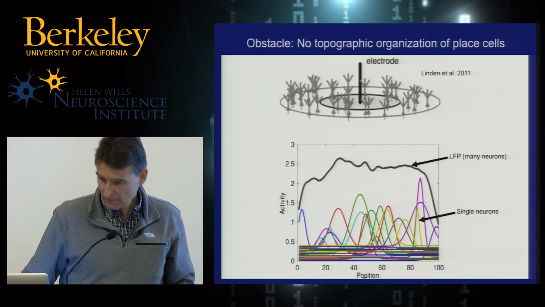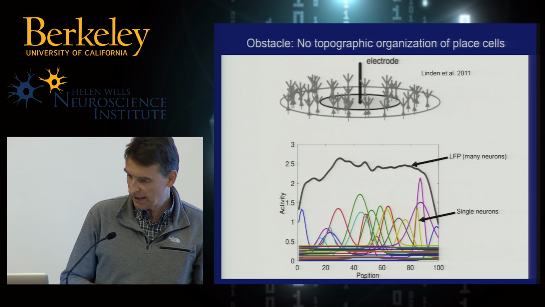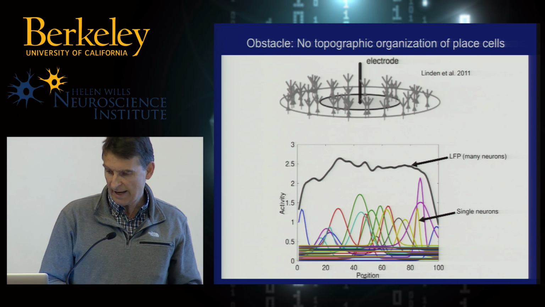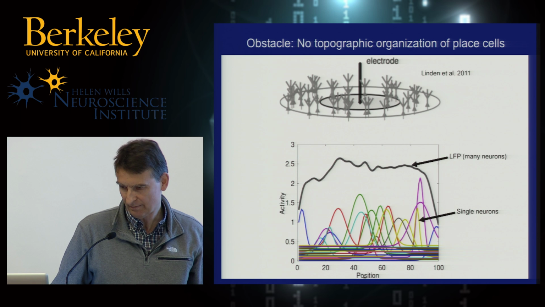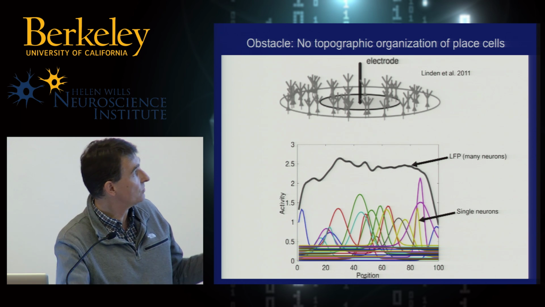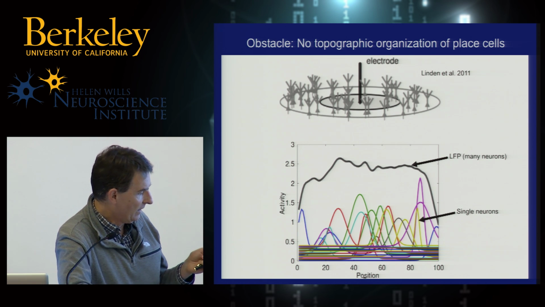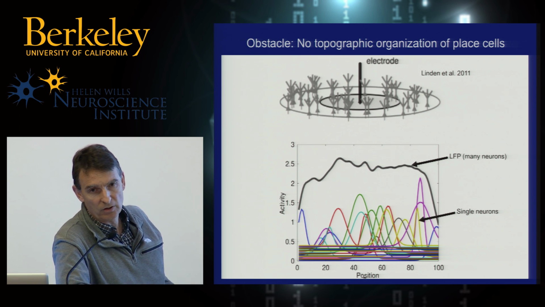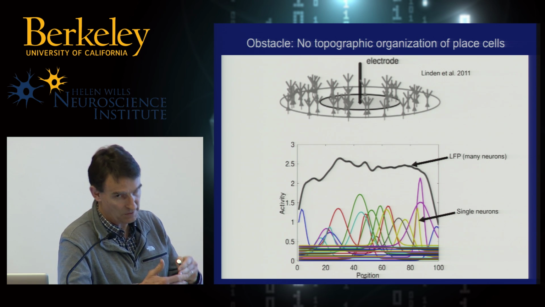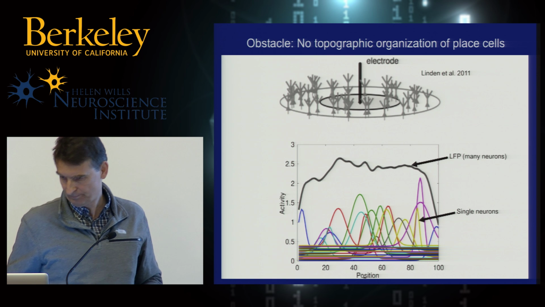We were, though, relatively optimistic based on some theory work that we did on compressed sensing, which can be applied to the situation where you record with a relatively small number of electrodes in the tissue from a relatively large number of neurons.